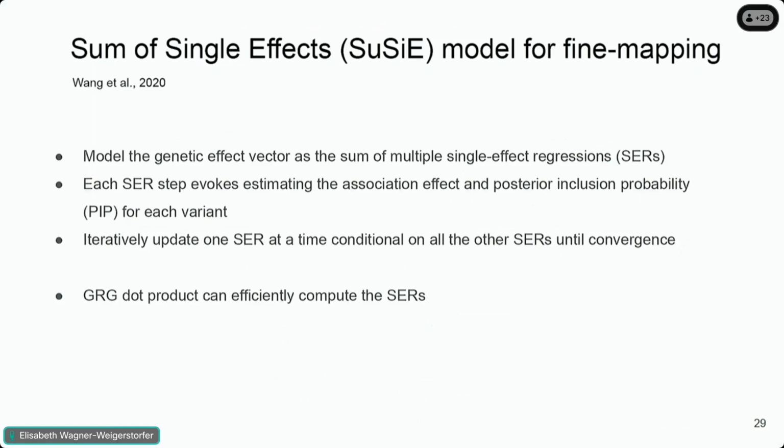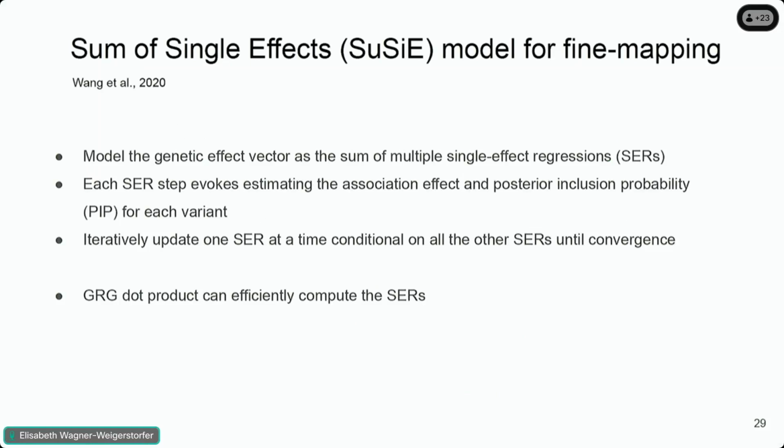One of the recent popular and quite scalable fine mapping methods is the sum of single effects, SuSiE, model from Matthew Stephens' group. In short, this method models the genetic vector as the sum of multiple single effect regressions.